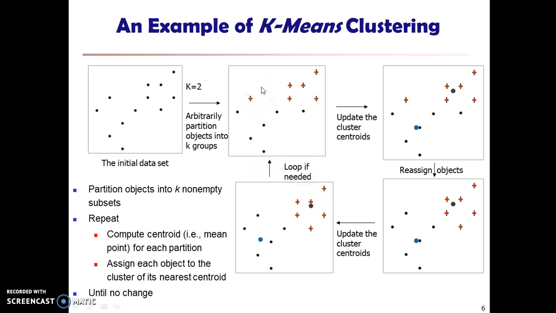You have to repeat from the second step. This process will be done until there is no change. So these are all the 4 steps. With the help of these 4 steps, the K-means clustering algorithm will be implemented like this.